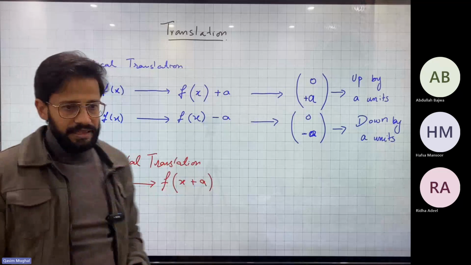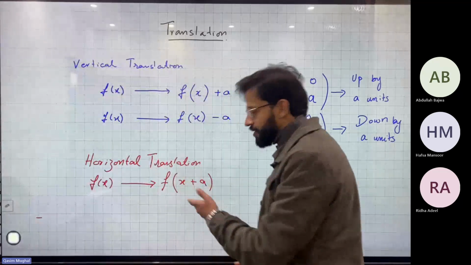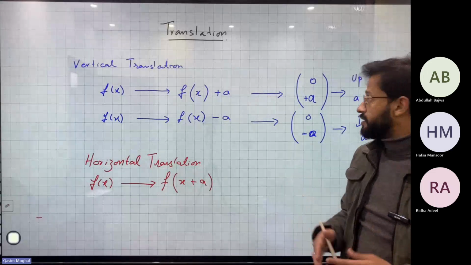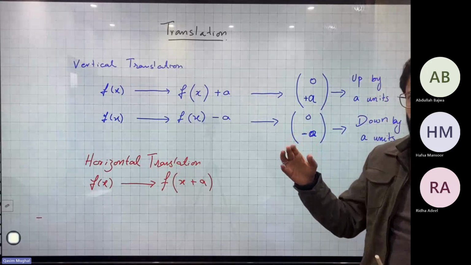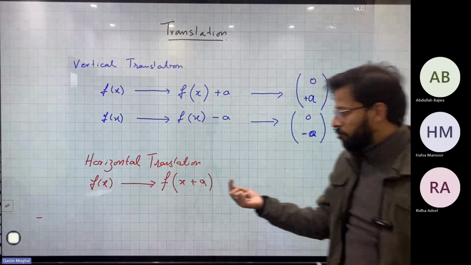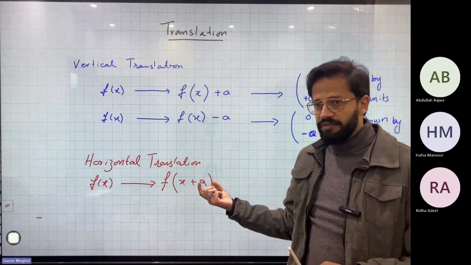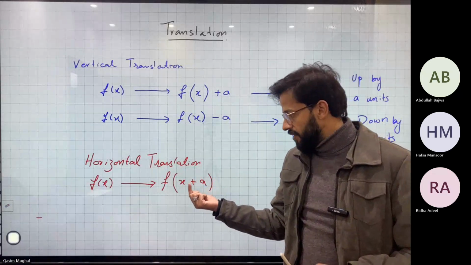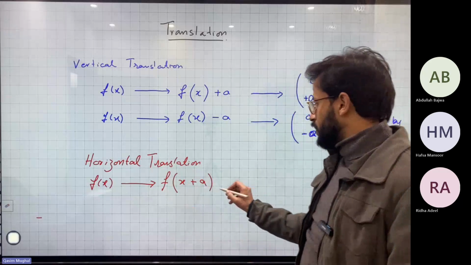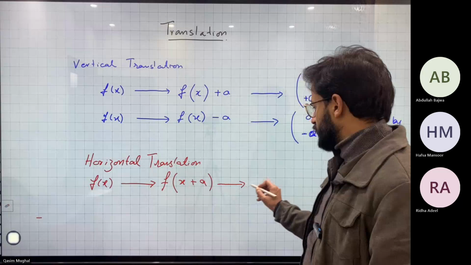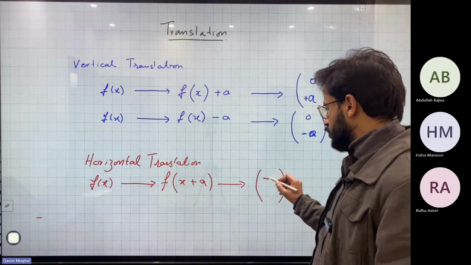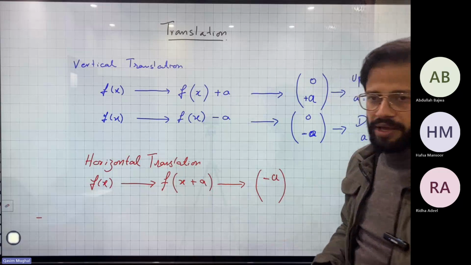Our first instinct tells us that if something is being added inside, it moves right, because in vectors, plus a means moving towards the right. But when we write it with the function, if it is plus a, the behavior is actually the opposite. So the graph will shift horizontally to the left by a units.